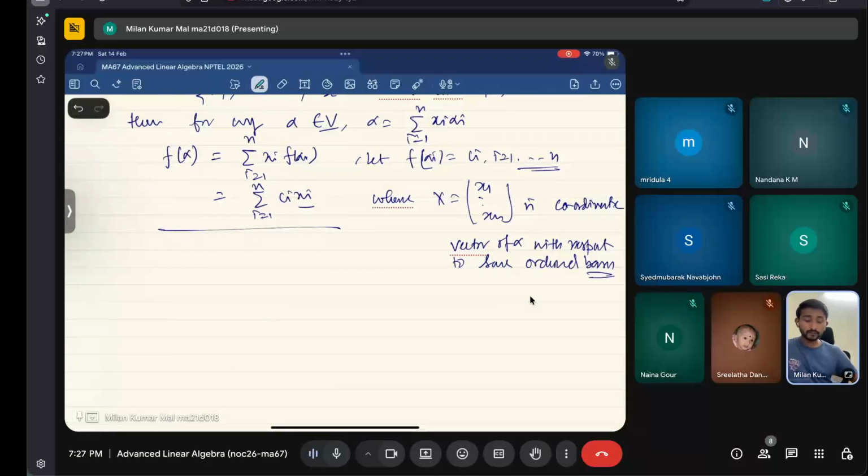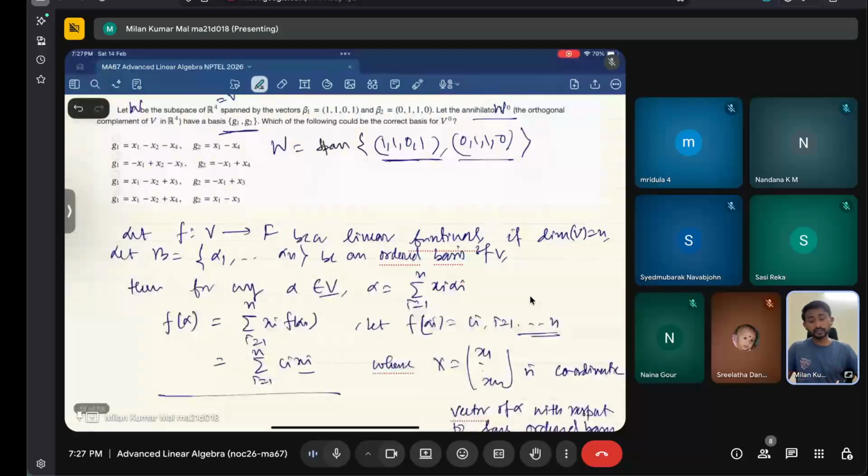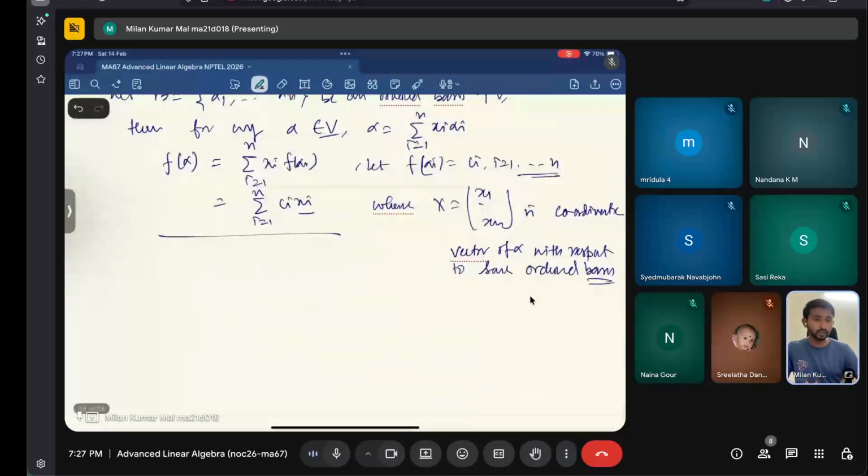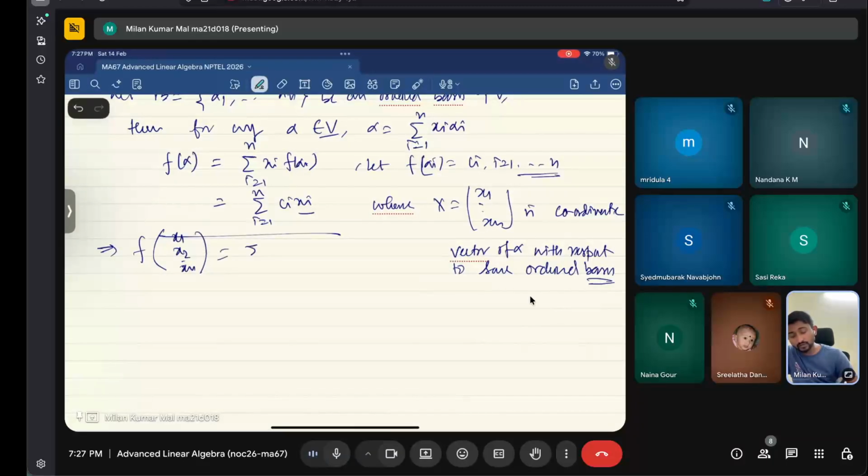In our case, the ordered bases are standard, so the ordered basis is not important. The main fact is that any linear functional should look this way. So as we are in R4 and nothing is mentioned, the ordered basis is the standard one. What I'm trying to say is that f of x1, x2, all the way to xn must equal the summation of ci xi for some constants ci.